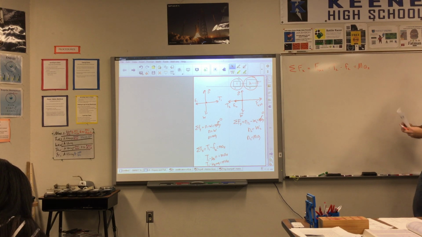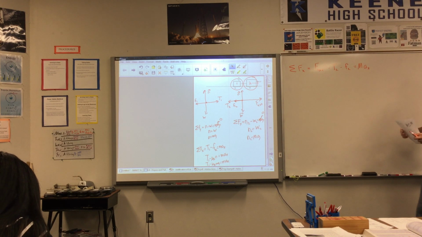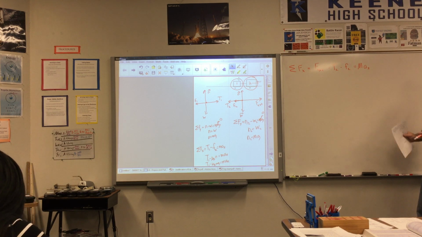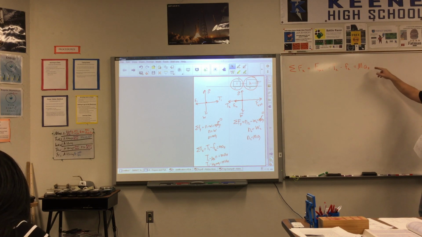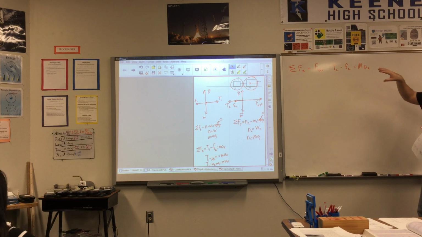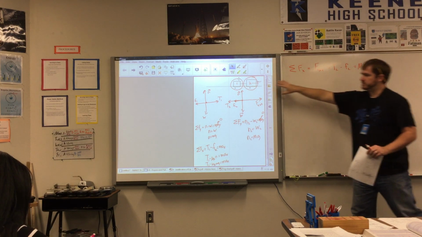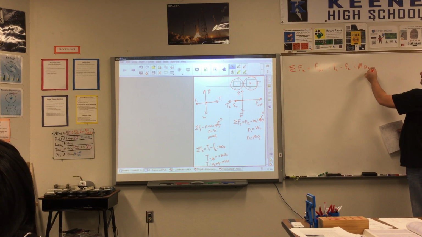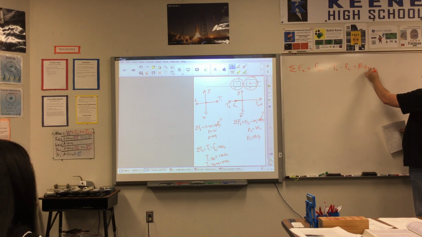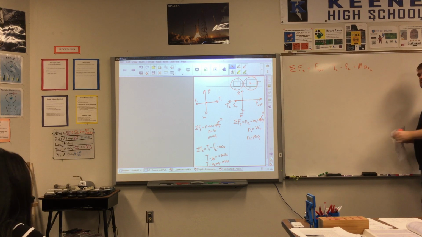Yep. And I'm going to put big M for that mass. Now that I'm thinking about it, I've got acceleration in the x direction for object 2 and acceleration in the x direction of object 1. So if I wanted to, I could put a little subscript 2 right here. Y'all see what I'm saying?